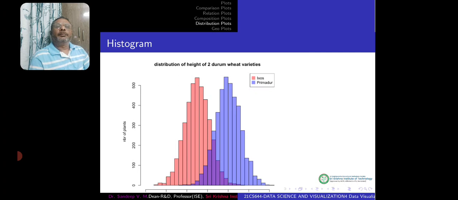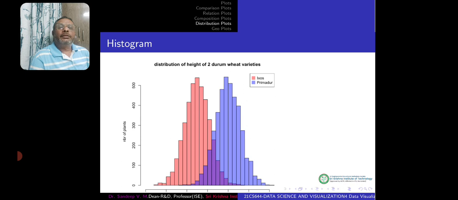So here's an example of a histogram. It is showing two data sets. One data set is represented with an orange color and the other with a purple color, and we can easily make out that they belong to two different situations, because the means of the two do not match.